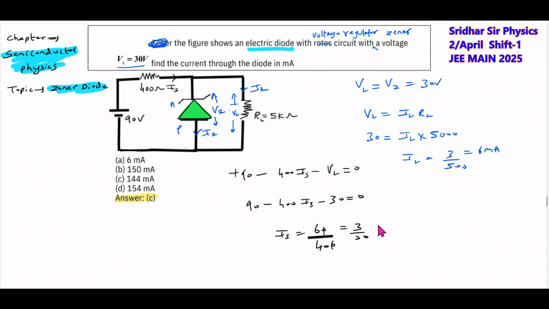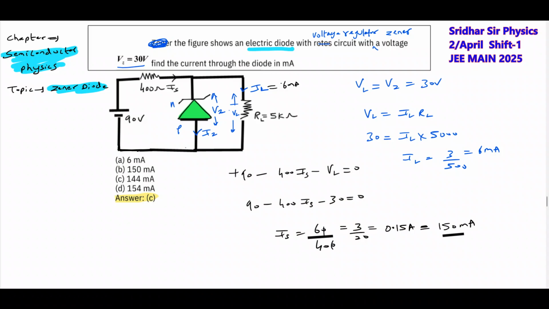By 20. So this is equal to how much now? 3 by 2, 1.5 or 0.15 ampere or 150 milliampere. So how much current is flowing here? 150 milliampere. How much current here? 6 milliampere. So the remaining 144 milliampere should flow here.